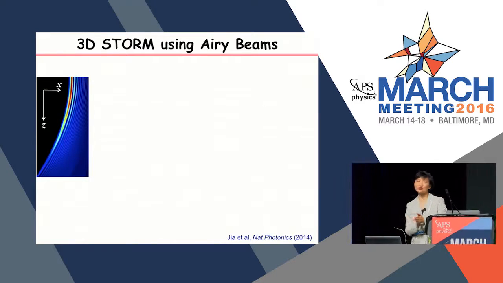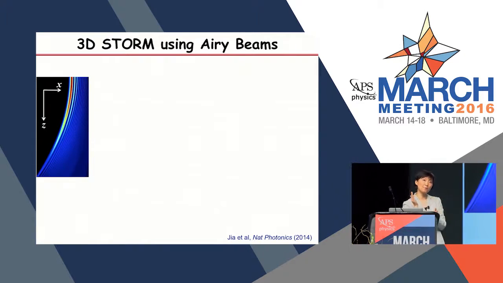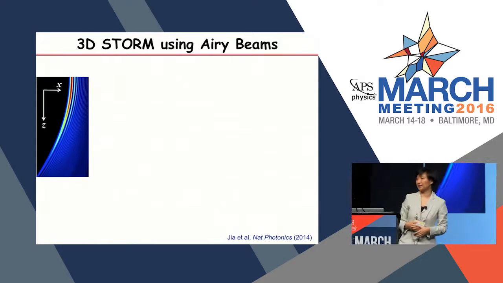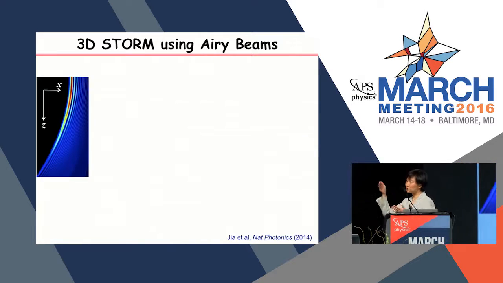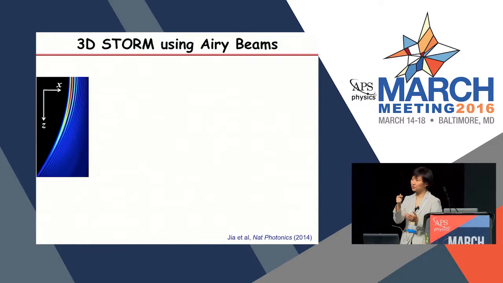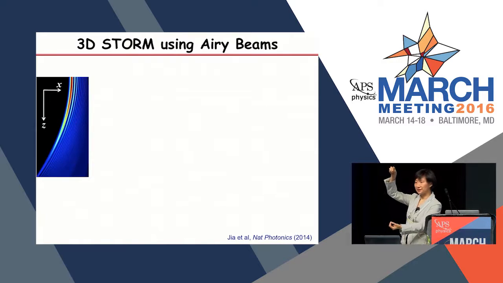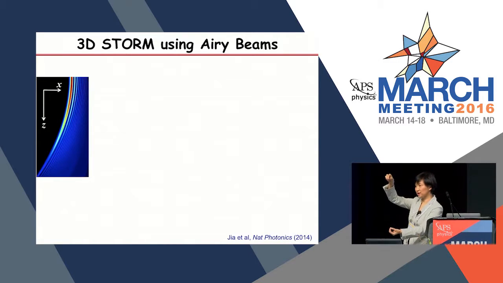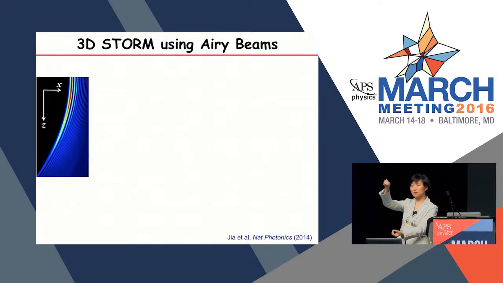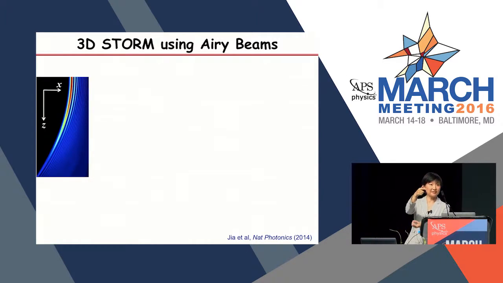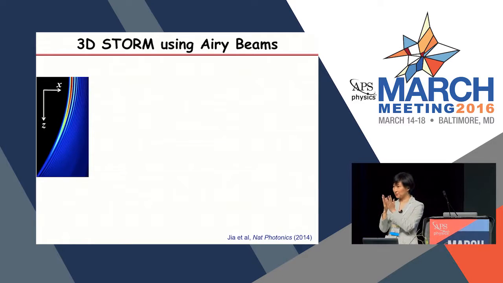But in addition to the Bessel beam property, it also bends as it propagates. So he said that with the bending, I can determine the z position, because molecules at different z would have propagated by different distances to reach the camera, so they would have bent by different amounts. And then he came up with an approach to decouple this bending from the actual xy position of the molecules.